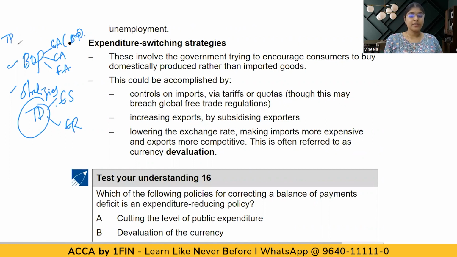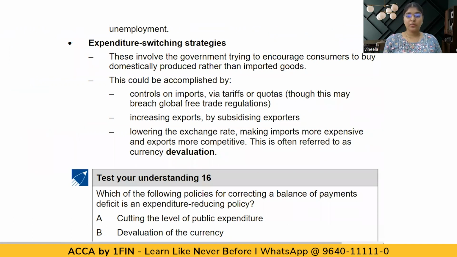Trade deficit is where your imports are more than your exports. Trade surplus is nothing but your imports are less than your exports. Both scenarios are not good for the economy if they stay for a longer period of time. So this is the whole concept about balance of payments. I hope this concept is clear.